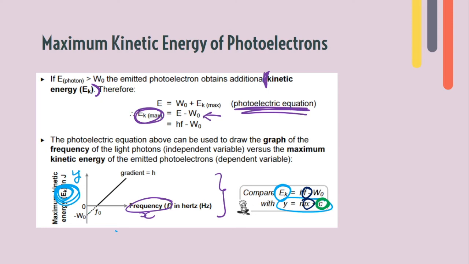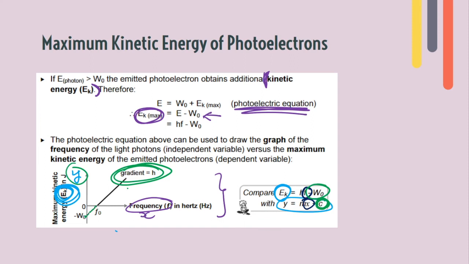If you take your graph and extrapolate it so that it cuts through the y-axis, the value you get there is the negative of your work function. Take note of that, that's very important. And if you calculate the gradient, you are going to find Planck's constant. Take note of this. It's very, very important because they love to give graphs.